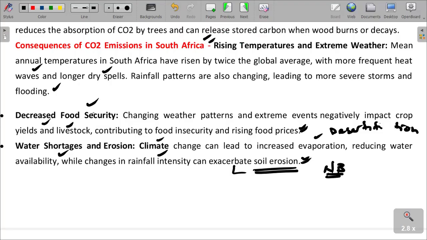Desertification is one of the problems that we need to worry about and consider when we look at the consequences and effects of carbon dioxide emissions, and then soil erosion because of extensive pieces of land being exposed and bare without vegetation cover. Hence, these problems would be what will be seen and experienced.